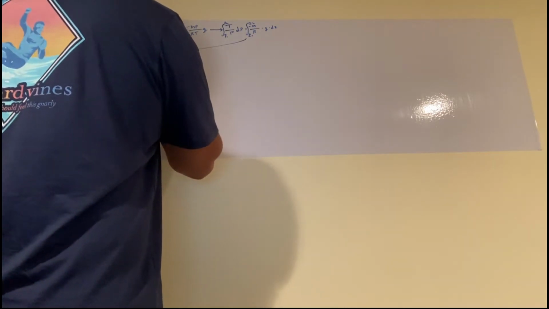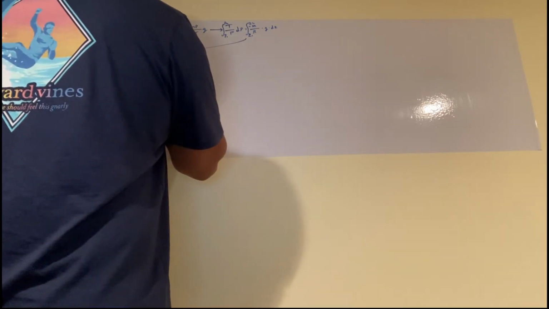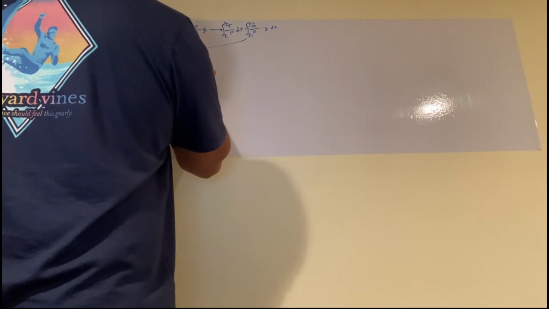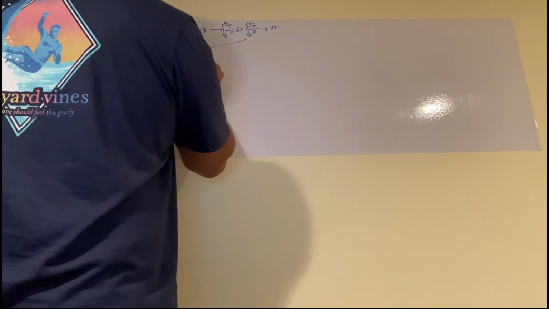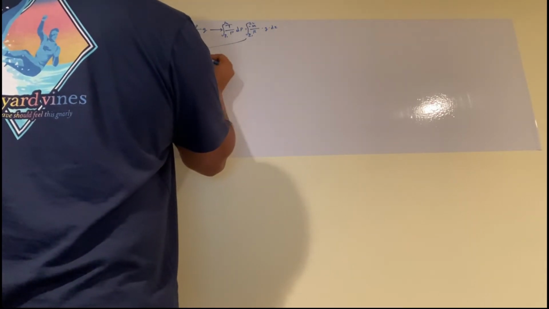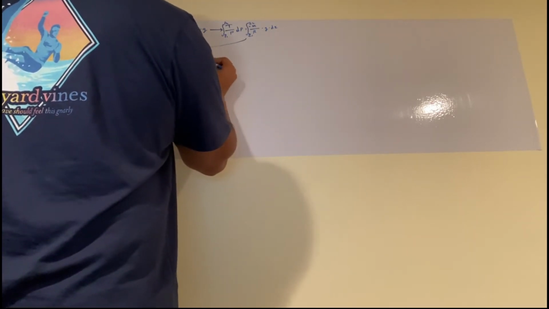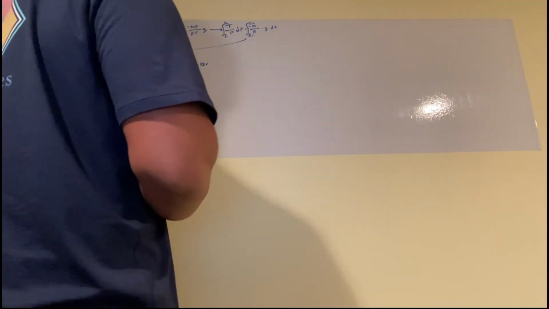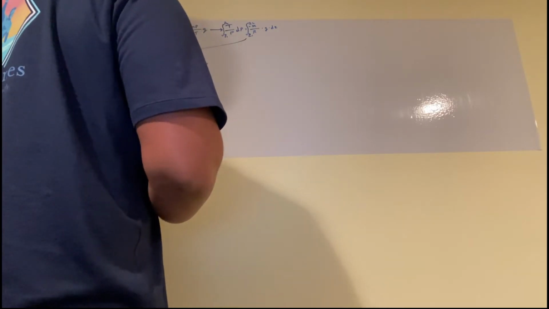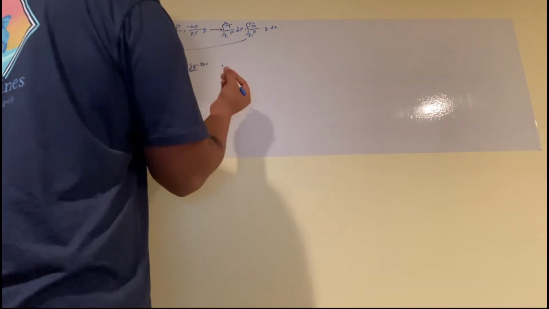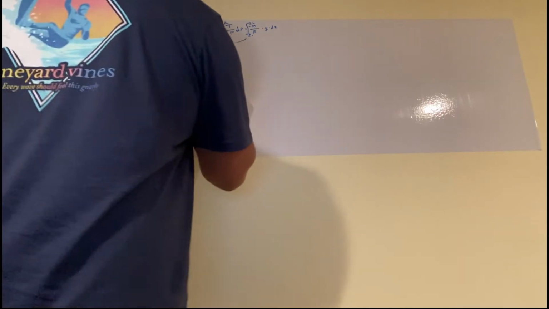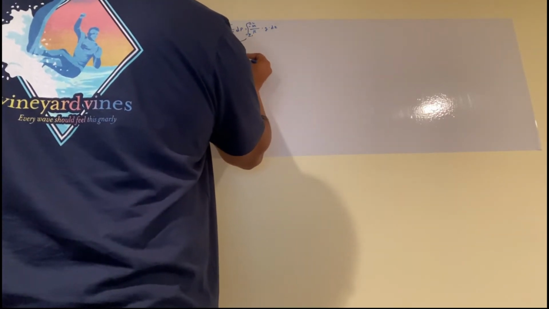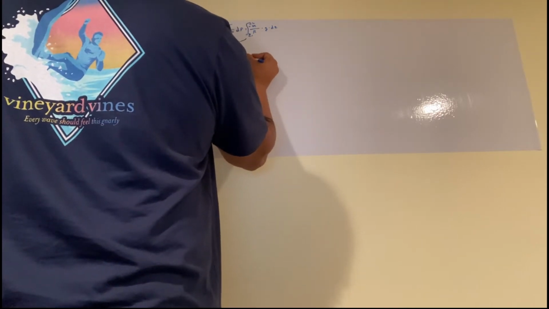In order to get the temperature equation, we use dU equals change in Q minus P dV. And since the process is adiabatic, there's no heat energy, so this value right here will just become 0. And it becomes dU equals 0 minus P dV.